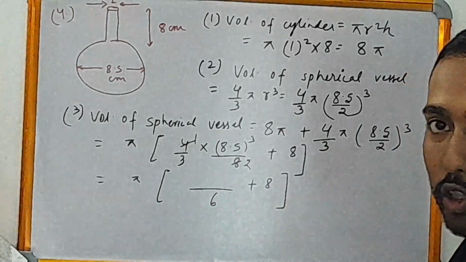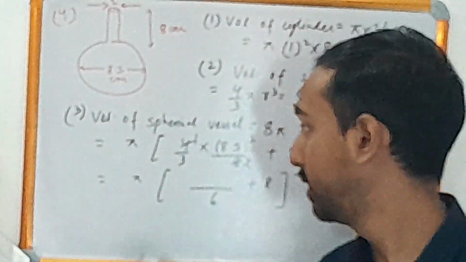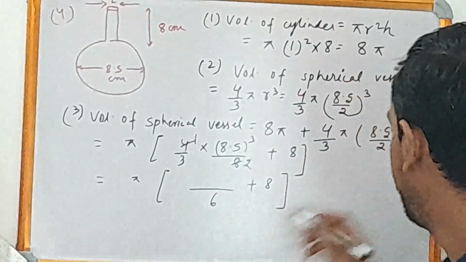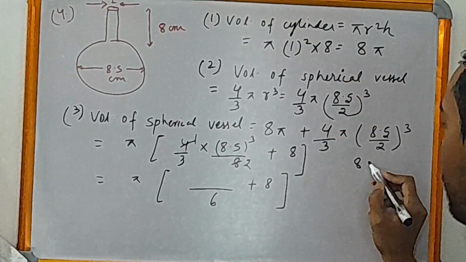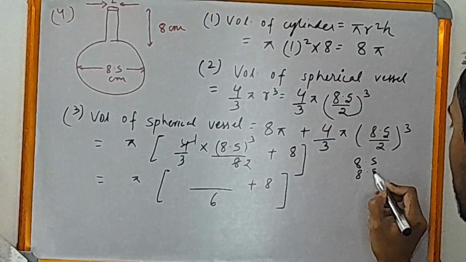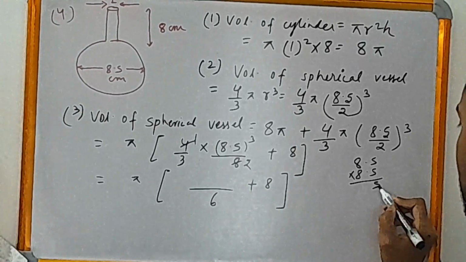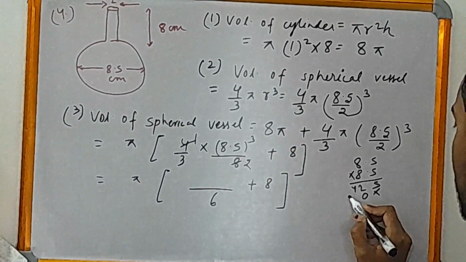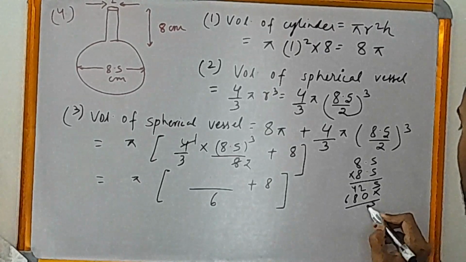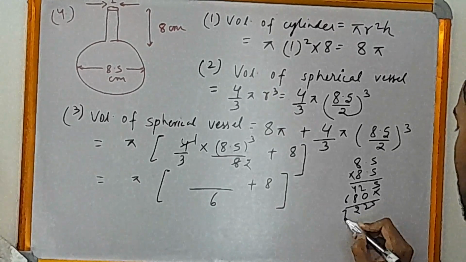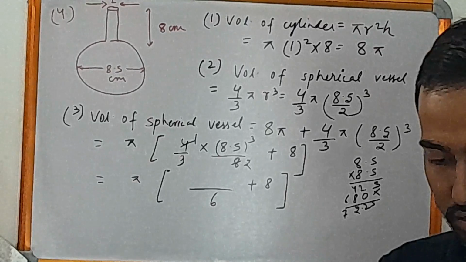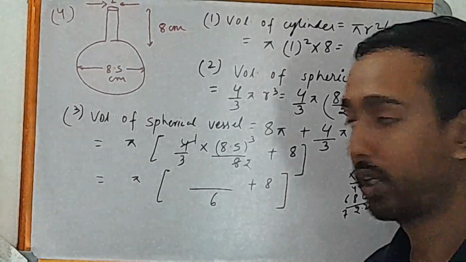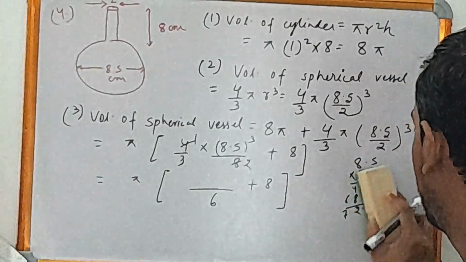Now we have to find the cube of 8.5. So you see that 8.5 cube is given by, let's find it out. The square of 8.5 is given by 72.25.